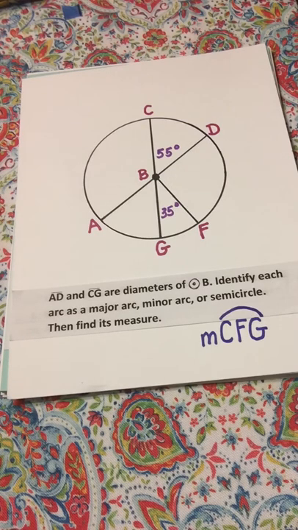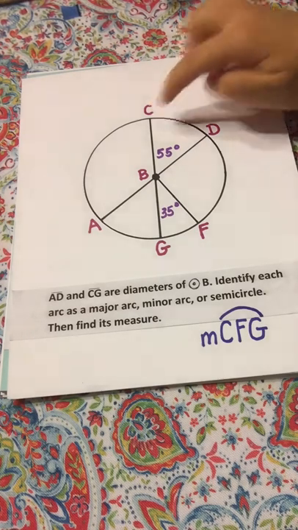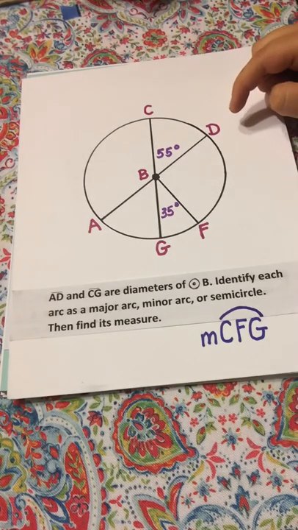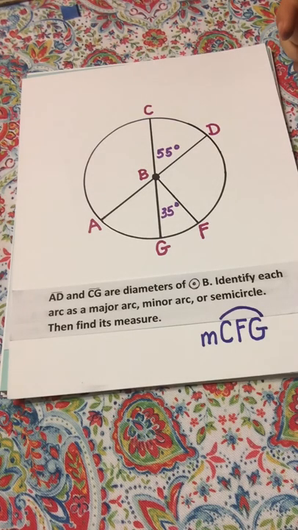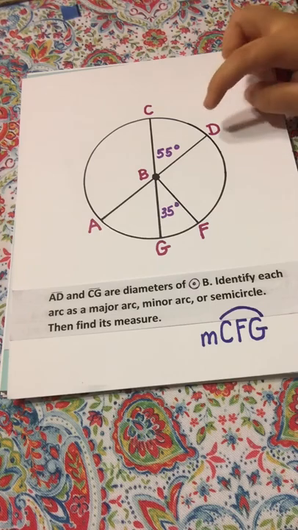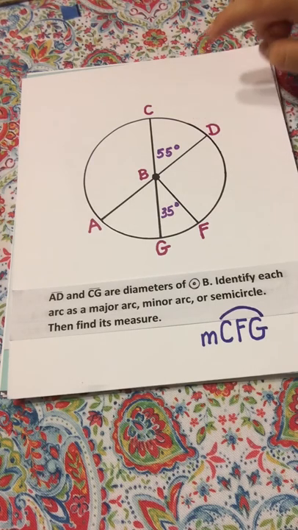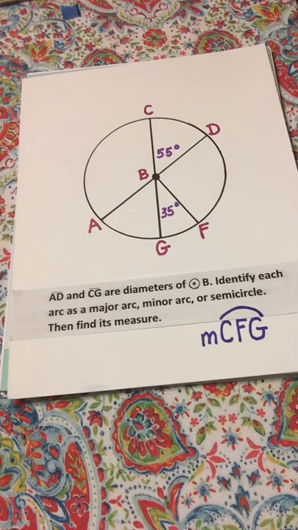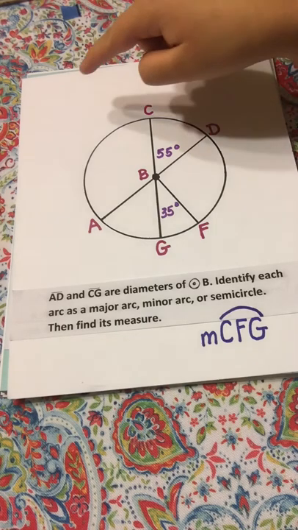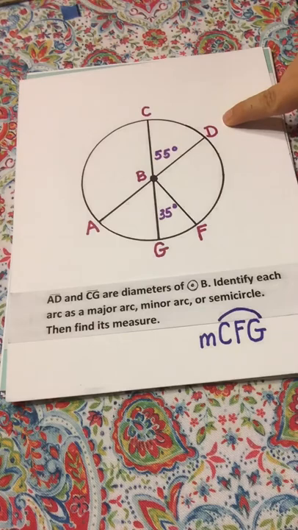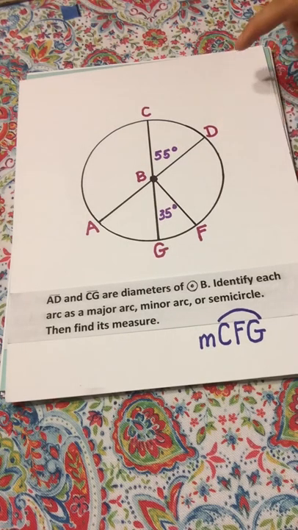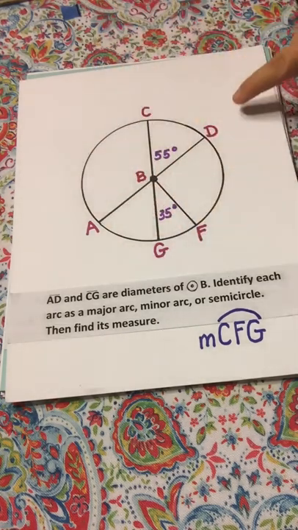So now that we're back to the circle, we can see that arc CD is a measurement of 55 degrees. But let's say we're going around the circle from point C counterclockwise to point D. We'll call the arc CAD.